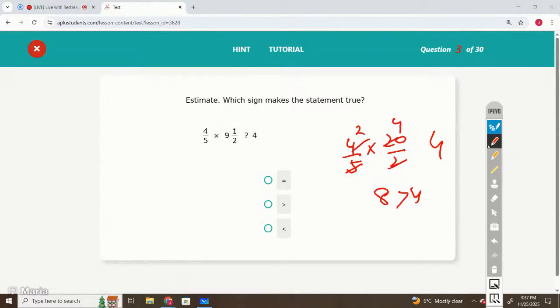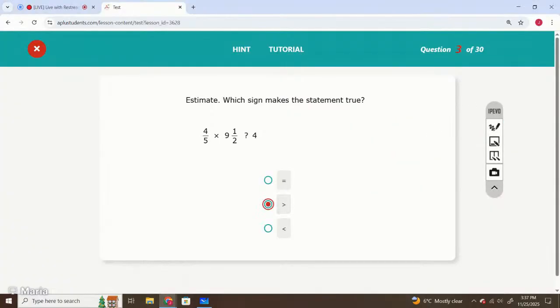So 8 is greater than 4. The correct option is greater. Option number 2 is the correct option, that is greater.